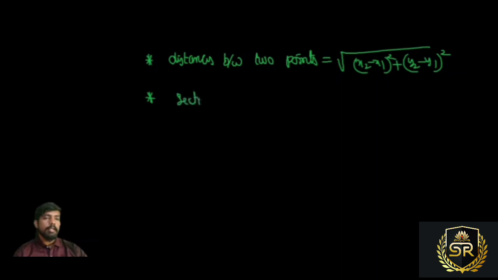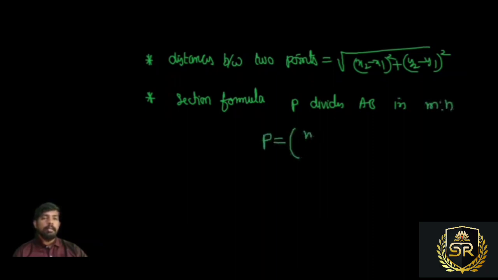If point P divides AB in m is to n ratio, then P is equal to mx2 plus nx1 by m plus n comma my2 plus ny1 by m plus n. This is the formula.